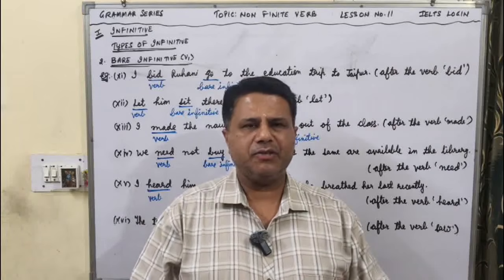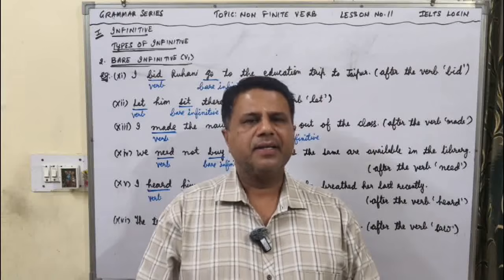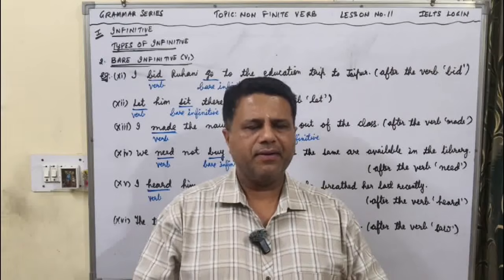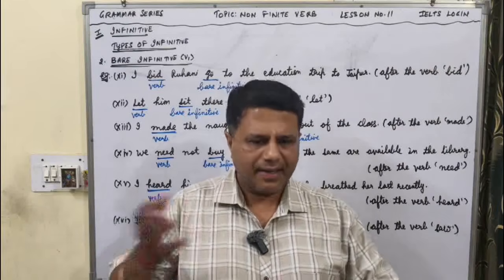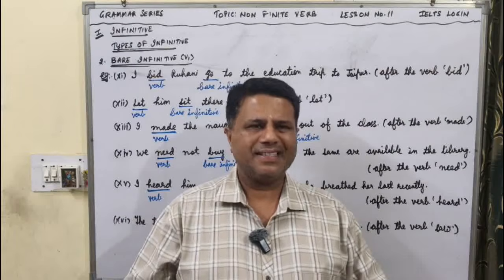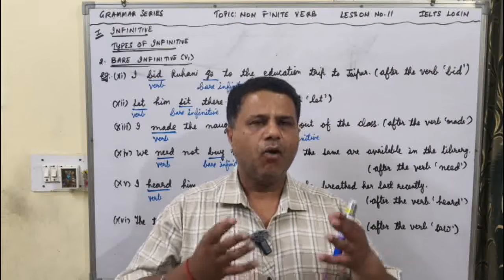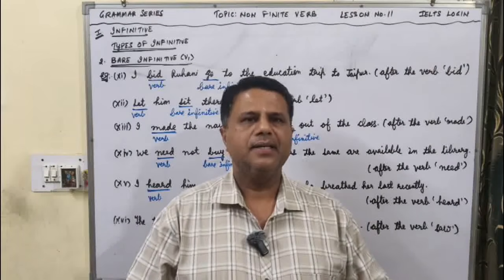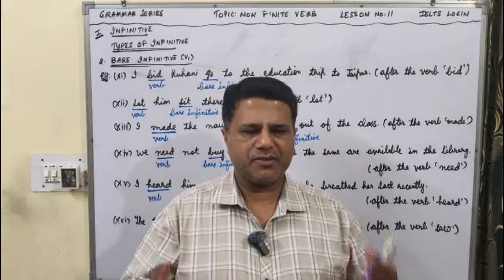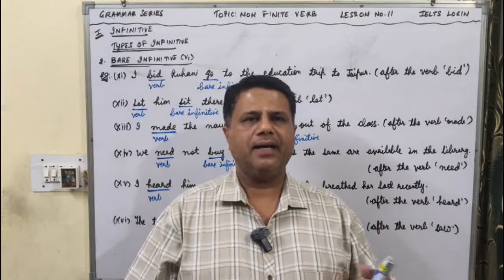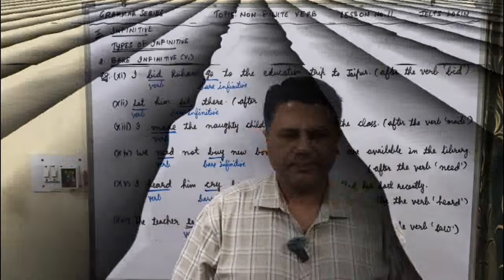I can well assume that the topic of infinitive is clear to everyone. The video is not finished yet. In the next part of the lesson we shall continue with practice exercise, or you can say homework exercise. So let's do practice together. Let's learn and grow together.